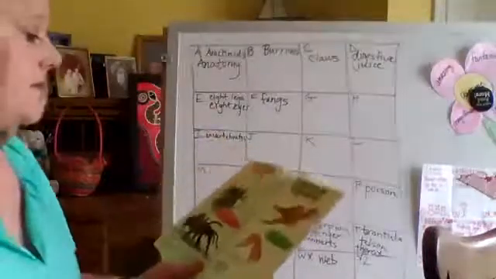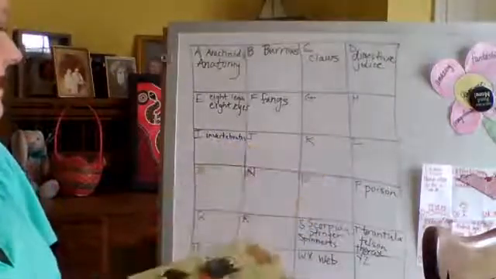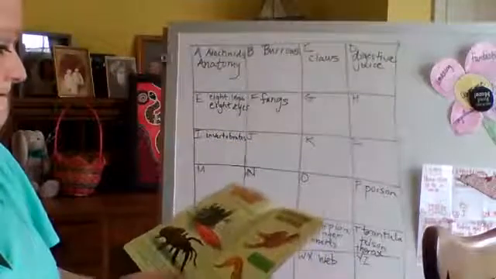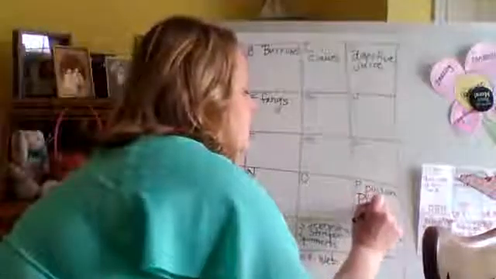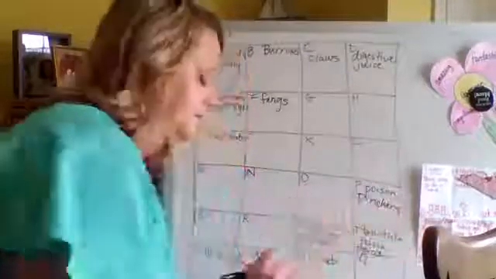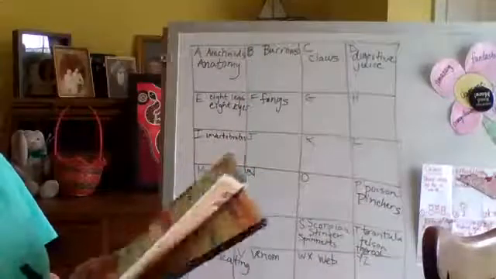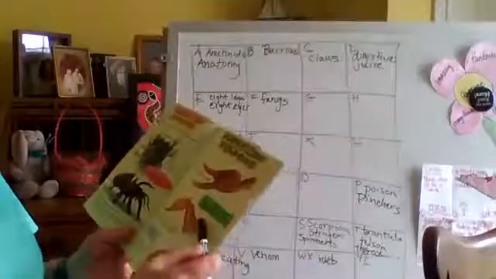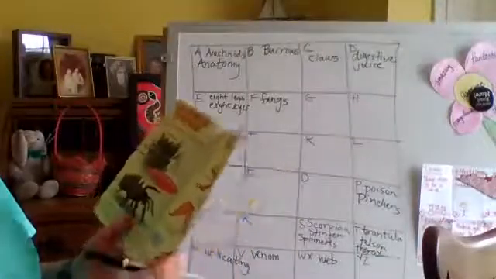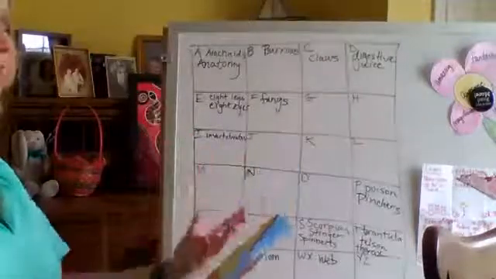Let's see. I have claws. I have my stinger. And then, pinchers. Scorpion has pinchers next to its mouth. And then it says that a scorpion has different colors and that they have, tarantulas too.